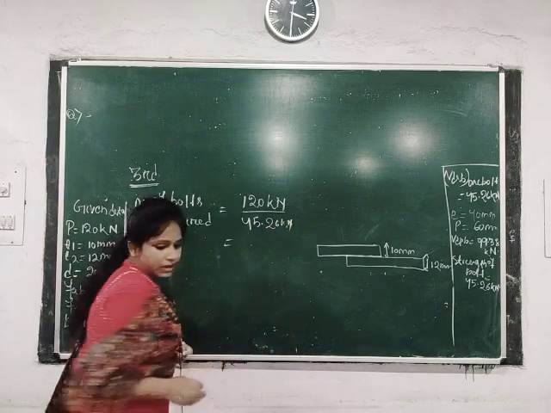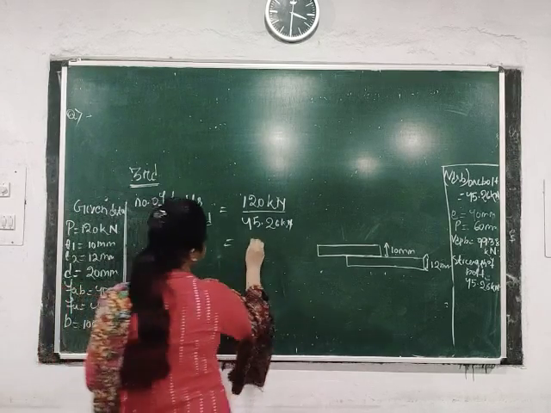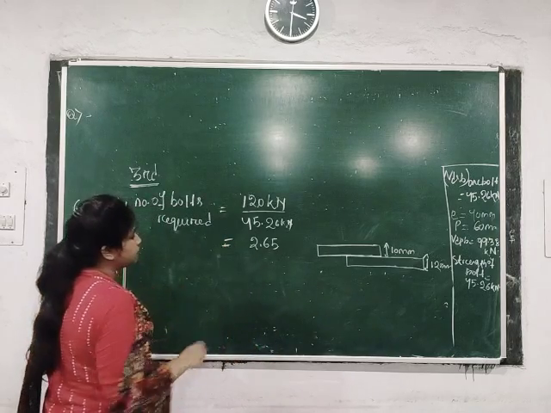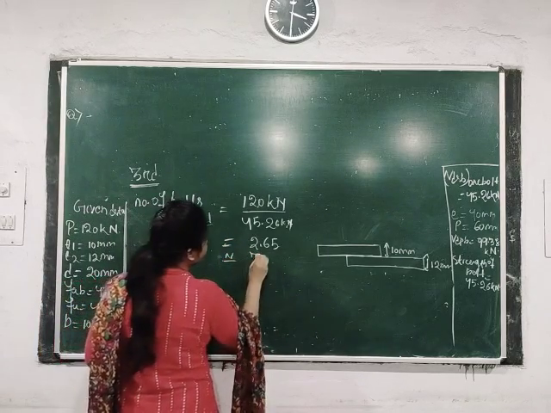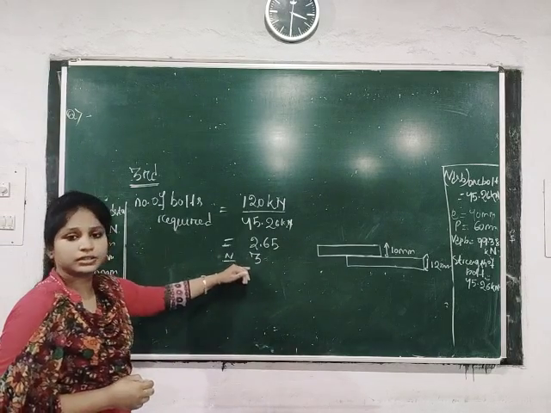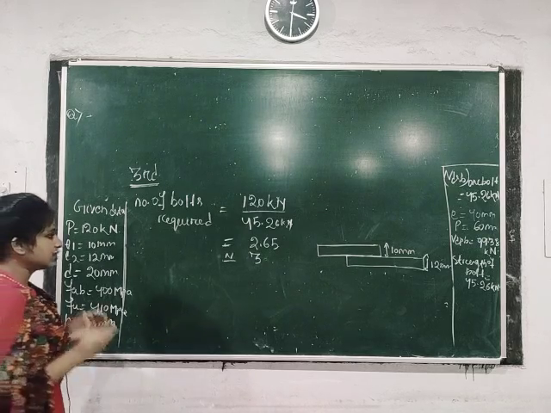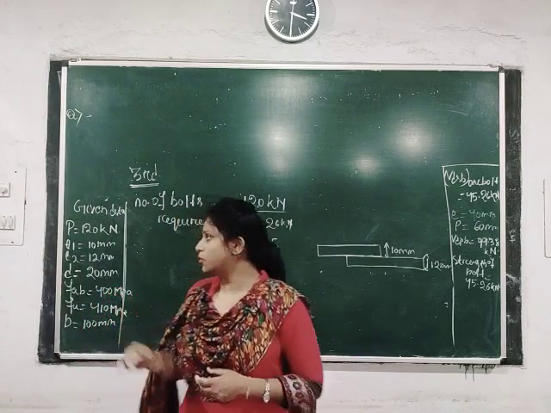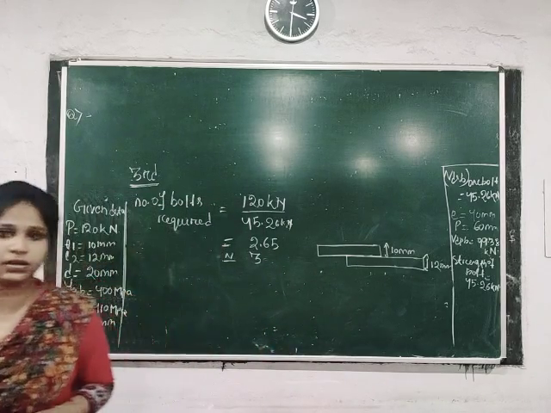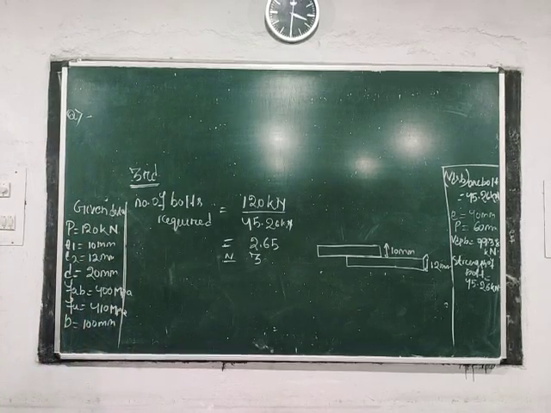So this value is coming 2.65. Okay, so we can round off this value to 3. So the number of bolts required is 3, to transfer the load of 120 kilonewton from one member to another member.